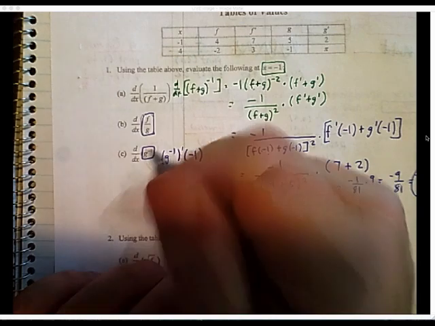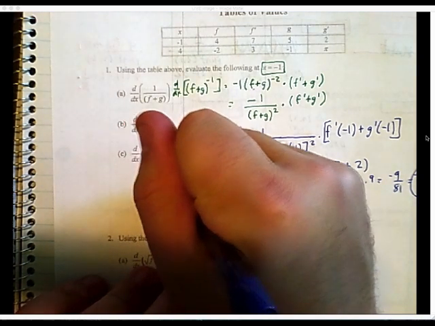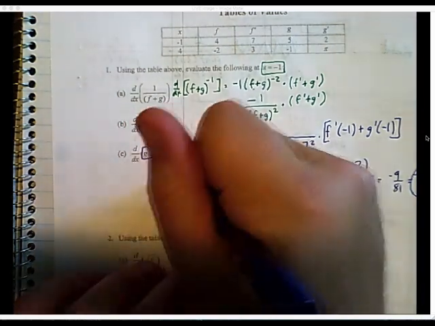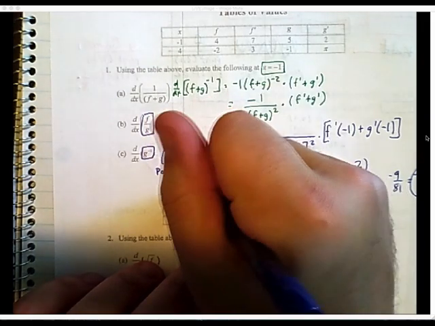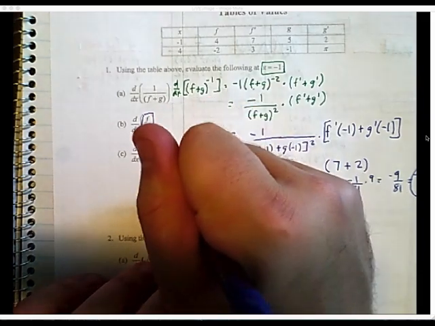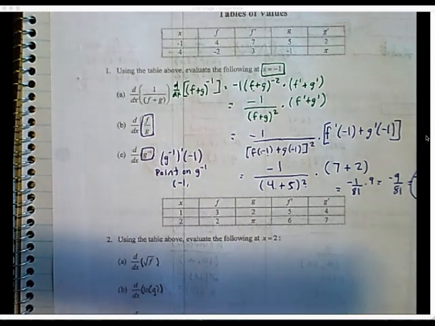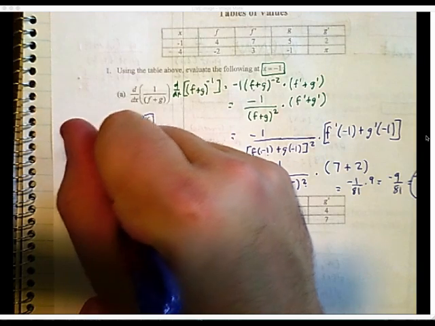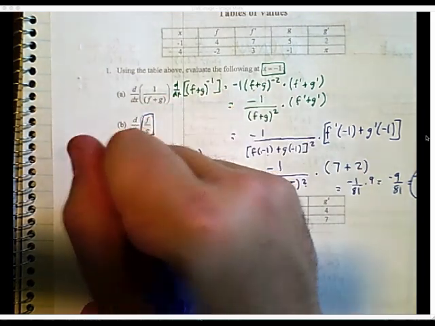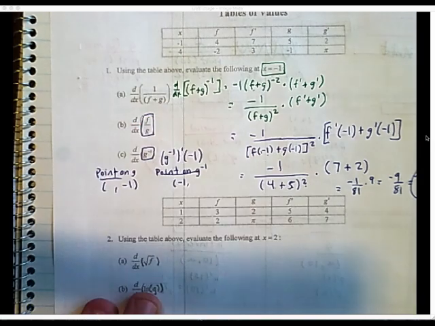So that means that the point on G inverse is negative 1 something. You've got to use the table to help you figure that out. That means that the point on G would be something negative 1.